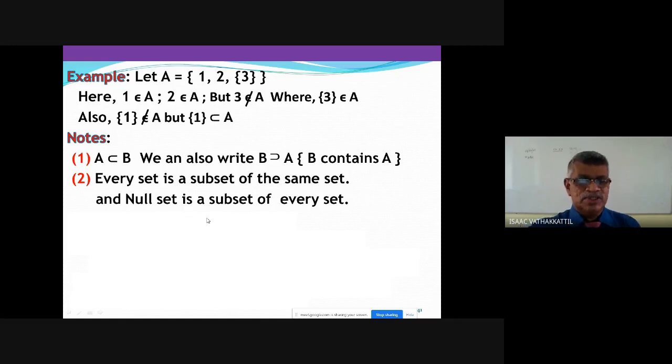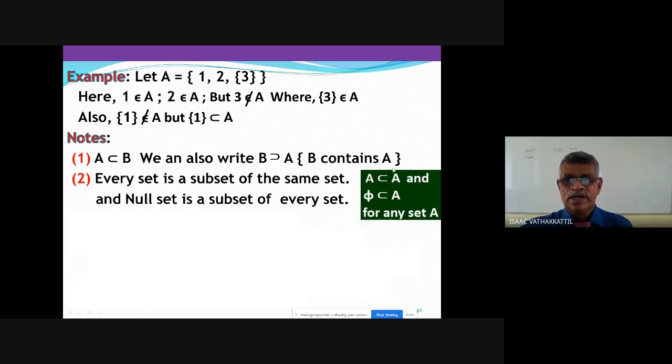That kind of statement is known as vacuously true. The source condition never happens. So anyway, we can directly say that null set is a subset of every set. Any set is a subset of the same set, and null set is a subset of every set.